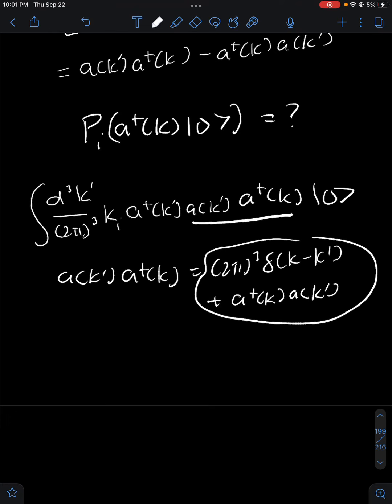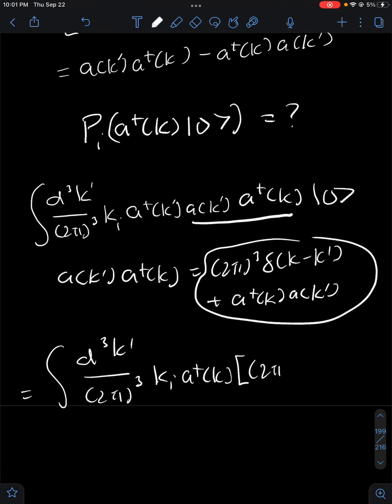And that gives us the integral over the momentum 2 pi cubed ki a conjugate k, then times 2 pi cubed delta of k minus k prime plus a conjugate k a of k prime, and then times the vacuum state in the end.